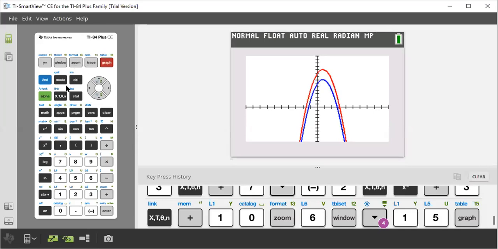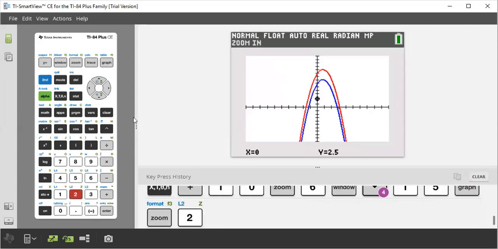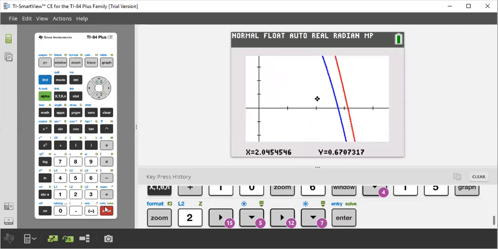Now I'm going to zoom in a little bit so we can see that. Zoom in. I want to be over here so we can see what happens along the x-axis, but I think it's still clear. Press enter. All right, you can see that the x-intercepts also move. So this question is done.